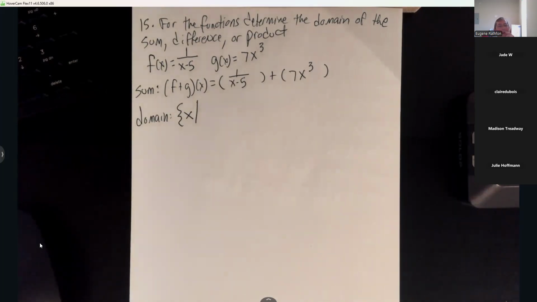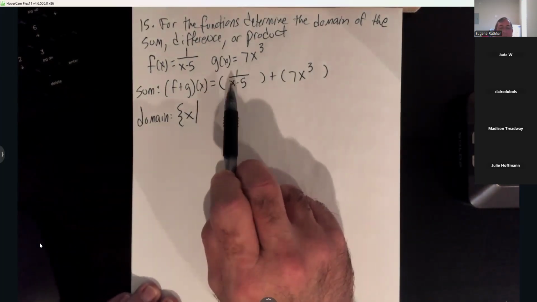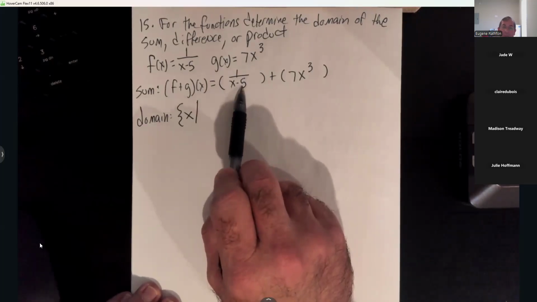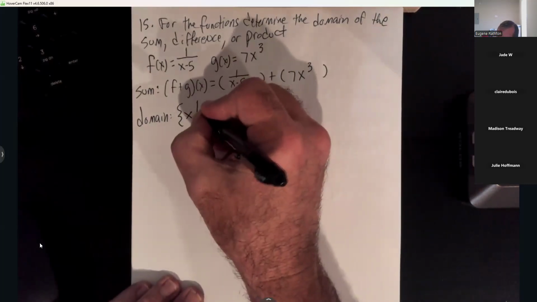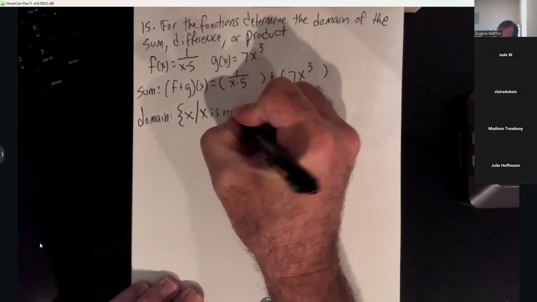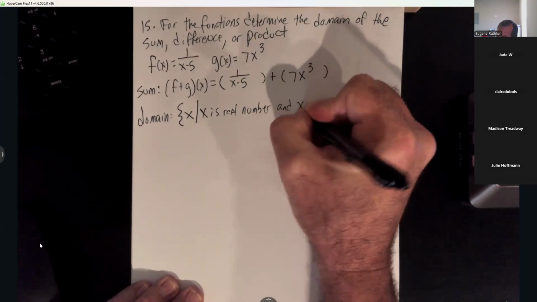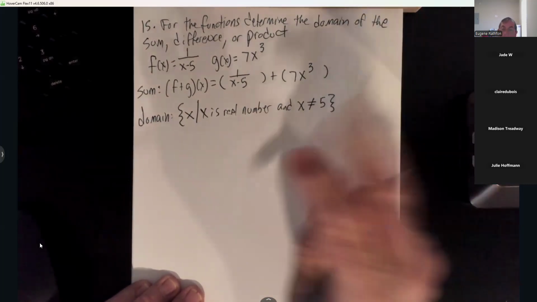No, good job. You cannot include a 5, because if this x was a 5, 5 minus 5 would make that 0, which makes it undefined. So good job. Our domain will be x such that x is a real number and x cannot equal a positive 5.